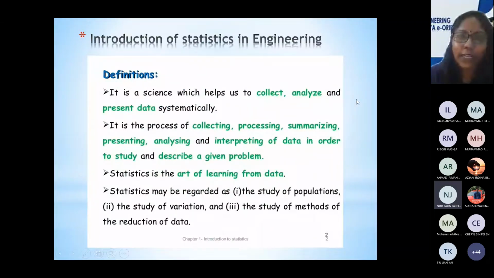Right, so, introduction to statistics for engineering. You would have already been exposed to this even from primary school, where in science we collect data, then we analyze what we have collected, and then we present the data systematically. All these three are very important. This is what you learned in school all this while.